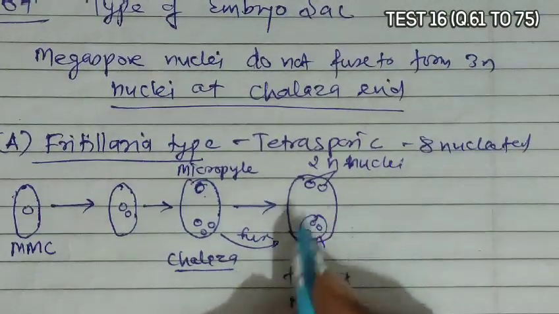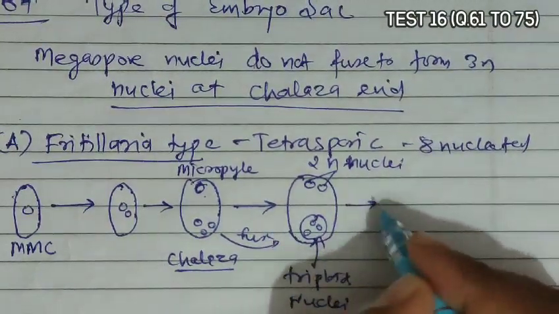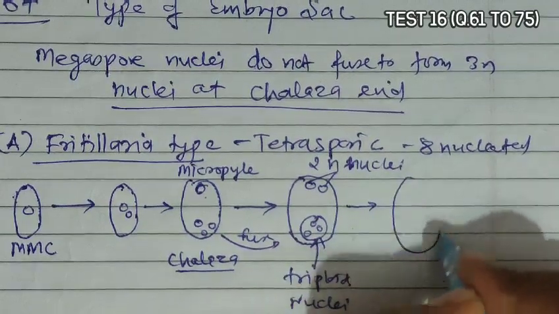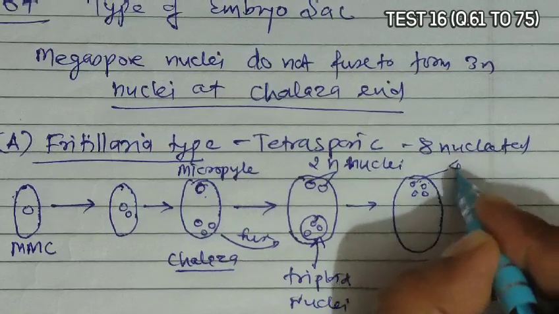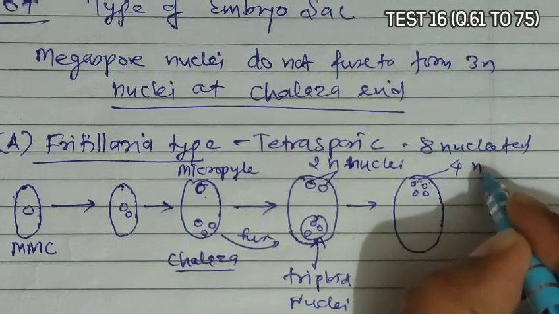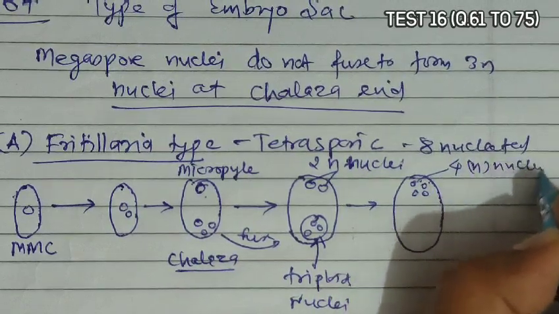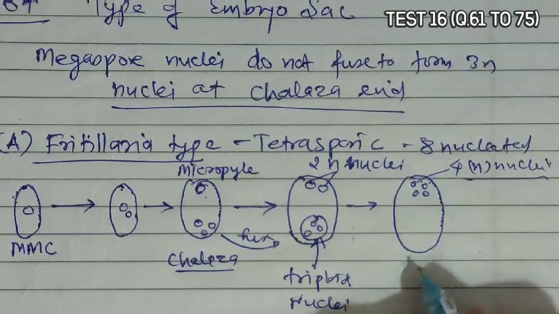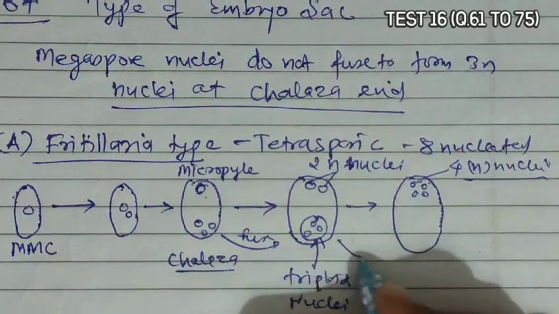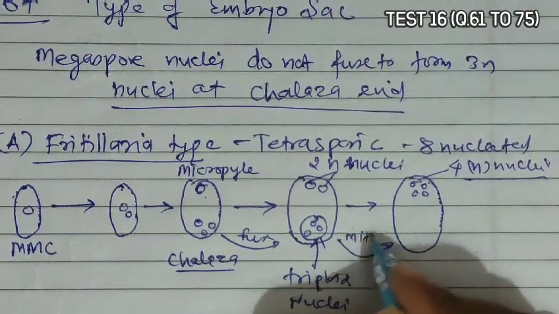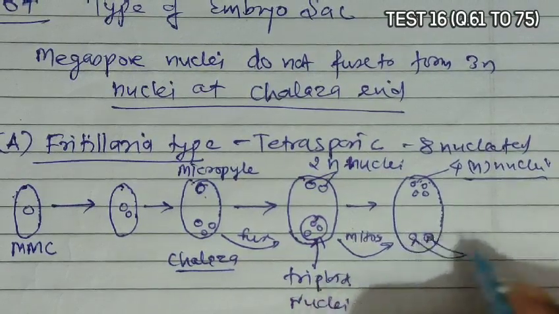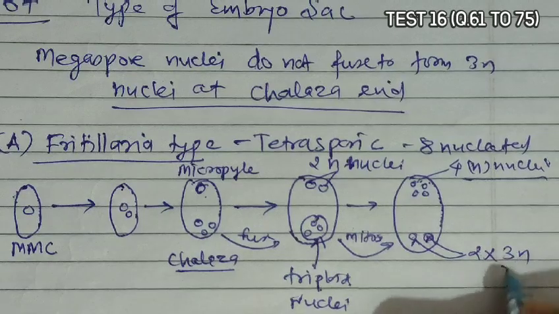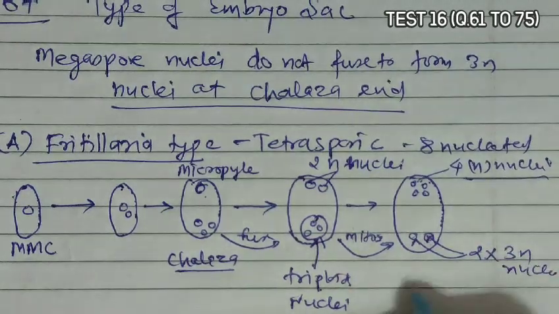Later these 2 nuclei undergo mitosis and a total of 4 haploid nuclei are formed, whereas the triploid nucleus also undergoes mitosis. So we have 2 3n nuclei, that is triploid nuclei.